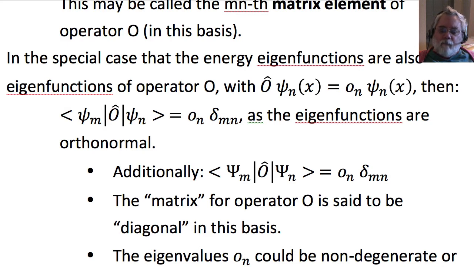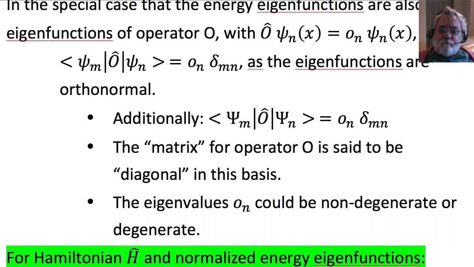Don't be looking for the finite matrix here. It's an infinite matrix. We're not really going to deal with that, so we're just going to use the terminology. Now, it would be okay for the eigenvalues o sub n to be degenerate. They don't have to be non-degenerate. Everything we've just said would still be true even if they were degenerate.